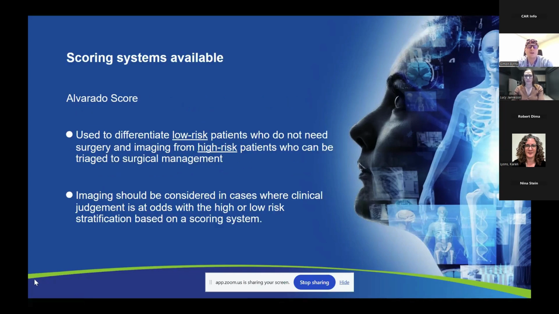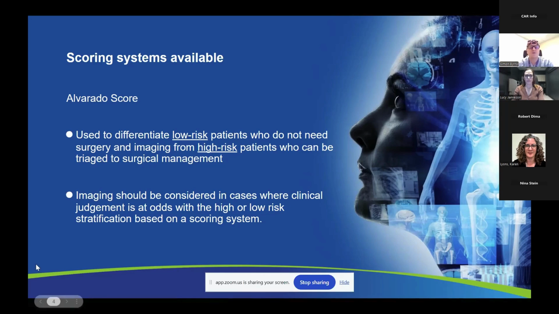So just to give an example of some of the scoring systems, and there's several of them, the Alvarado, also known as the Mantrell score. That's just a mnemonic for remembering each of the components of it. But there's also the Lintula score, the Xenakis scoring system, the pediatric appendicitis score, the modified pediatric appendicitis scoring system.